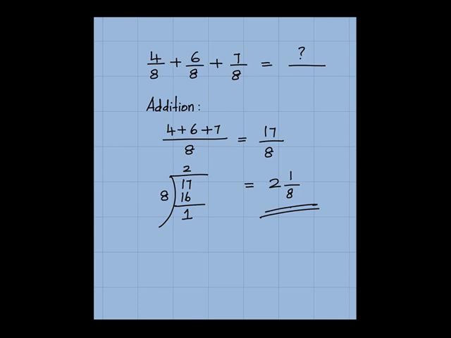When you divide it, 8 times 2 is 16, and when you subtract 17 minus 16, you get 1. So the answer is 2 and 1 over 8. So that is how we got the answer.